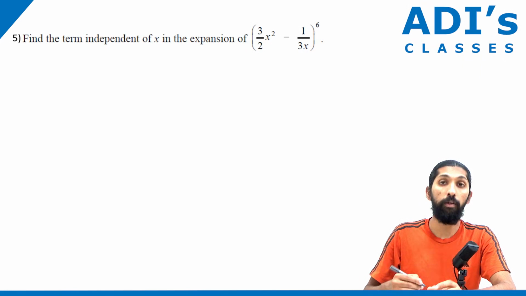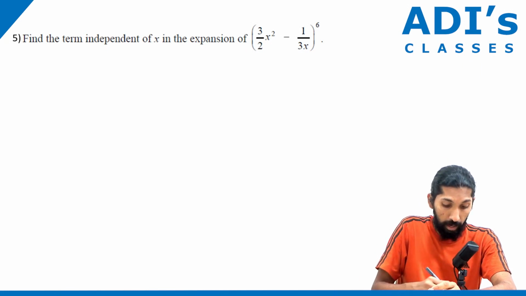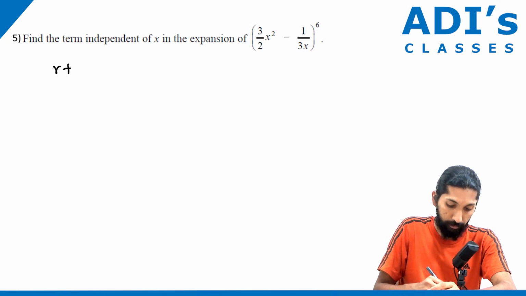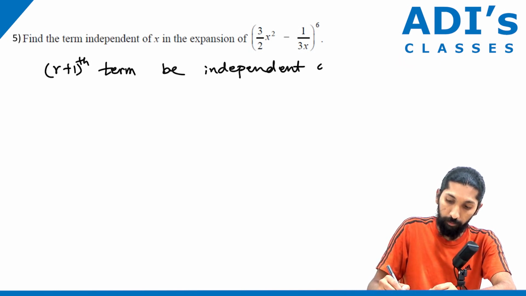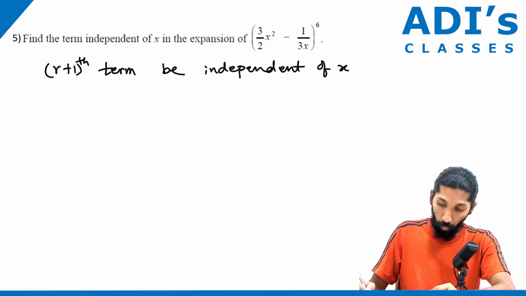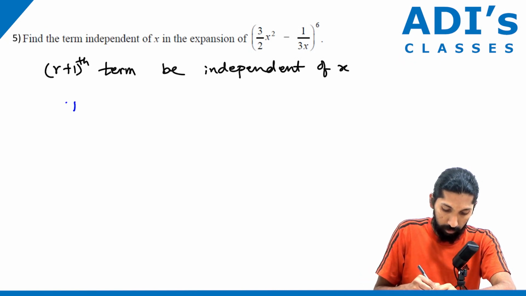Clear? So what we'll assume is, let the r plus 1th term be independent of x. That means what is Tr plus 1?